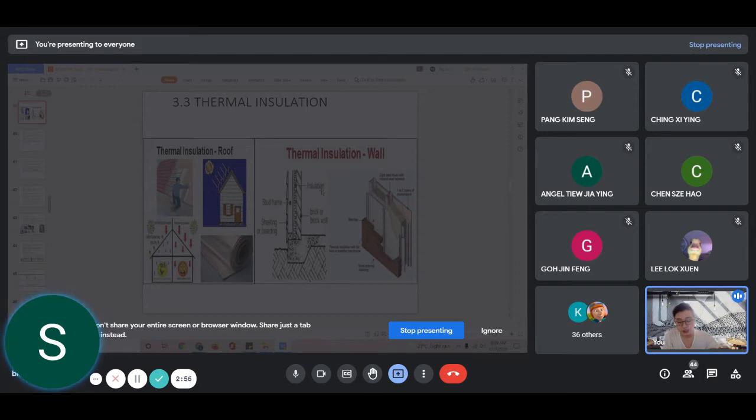Whereas in Malaysia, we only have one single layer for walls. But when it comes to our roof, we will have fiberglass. So there's a bit of difference between how thermal insulation is done in Malaysia and in other countries.